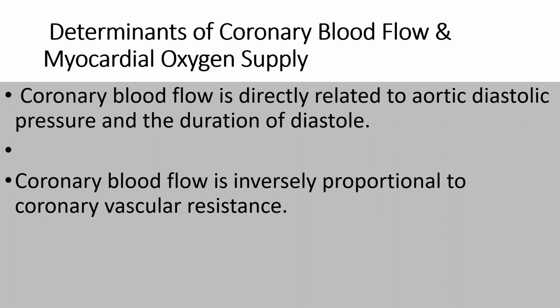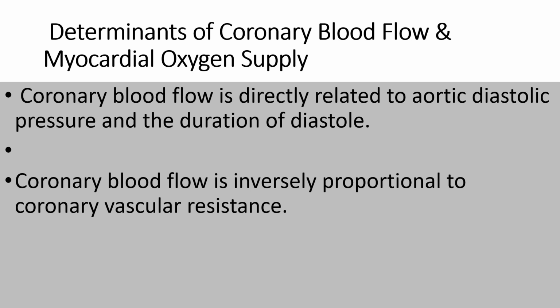Now, the other thing is determinants of coronary blood flow and myocardial oxygen supply. What is coronary blood flow? All the blood vessels which supply the heart are coronary blood vessels. Coronary blood flow is directly related to aortic diastolic pressure and duration of diastole. The other thing, coronary blood flow is inversely proportional to coronary vascular resistance.